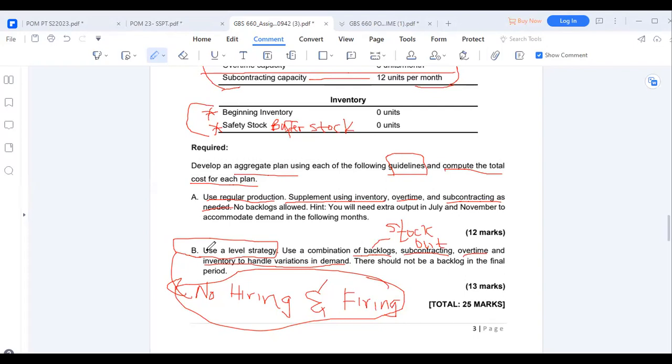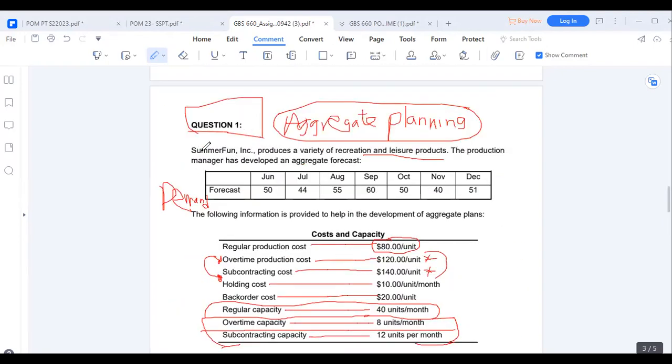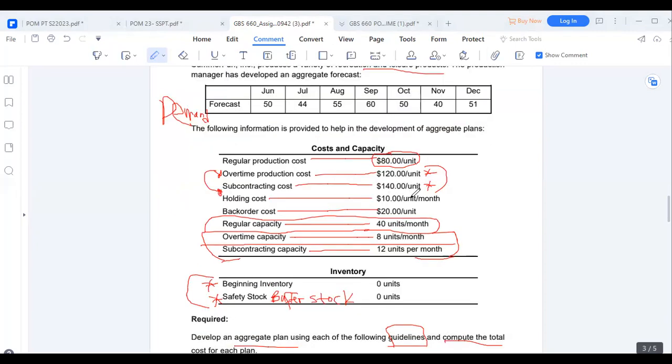So they have told us what to do here on question 2, but we are using the same information from here. So these are the demand, and we need to meet the demand. First and foremost, we need to look at our level production.